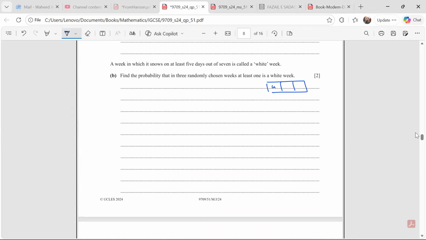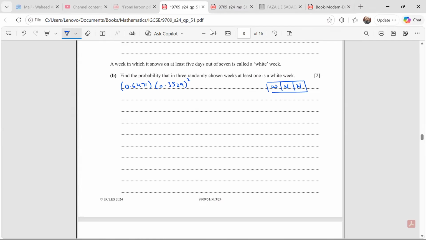So this is white and this is no white, no white. What's the probability of this? We calculated in the previous part A that the probability of white is 0.6471 and the probability of no white is 0.3529, and it has a power 2 because there are two times.